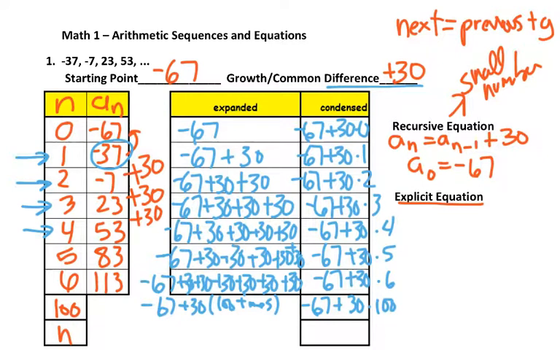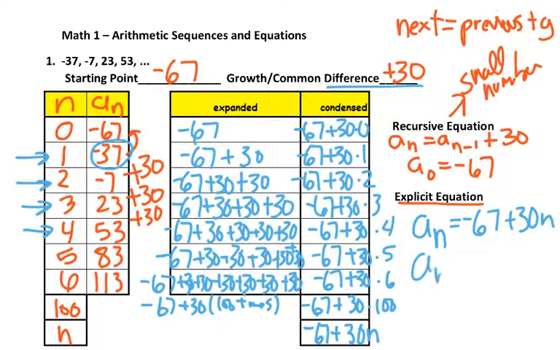And this would look like, you got it, negative 67 plus 30 times n. Guess what? That's my explicit equation. I can write it a sub n equals negative 67 plus 30n.